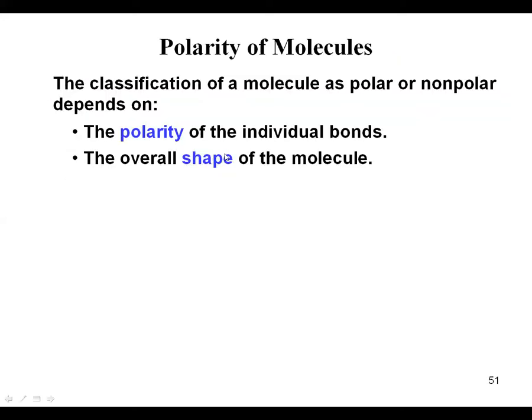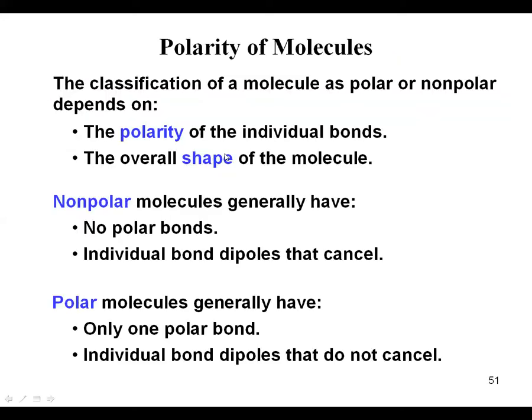But just to finish up on this chapter, we're going to talk about polarity. What we're talking about here is what is known as molecular polarity. It is really different than what we were talking about when we used electronegativity and bond polarity, but it is represented really the same way.